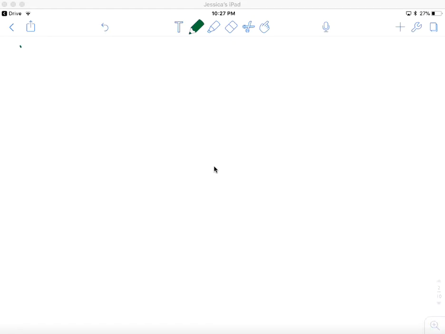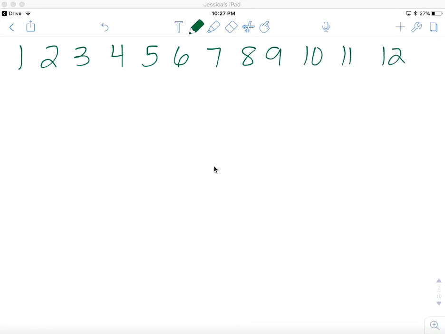So if I give you the numbers 1 through 12, it's important that you have memorized what each of these numbers squared would be.